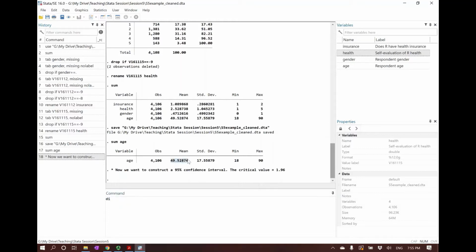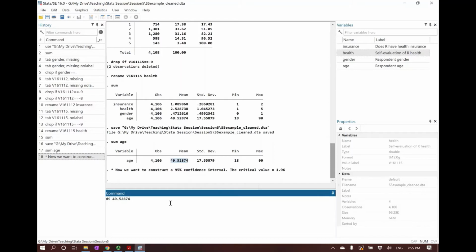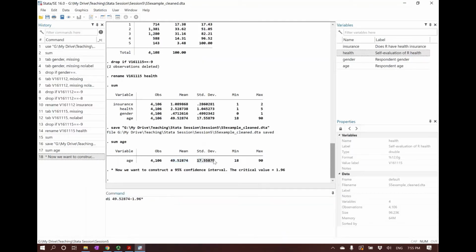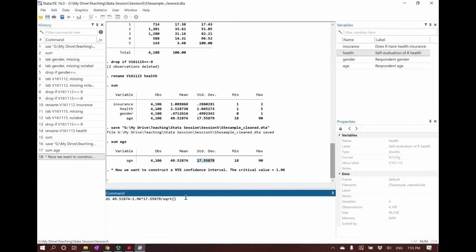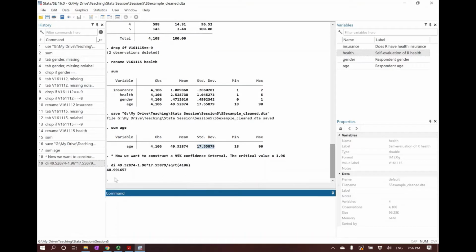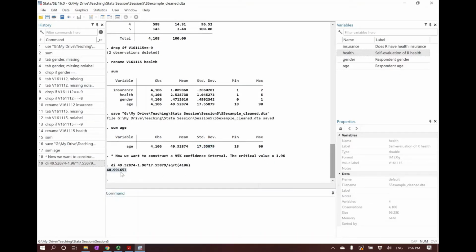I'm going to copy this number, paste, minus 1.96 multiplied by s and divided by the square root of n, which is 4106. I click enter, and it calculated that the lower bound of the interval is 48.99.